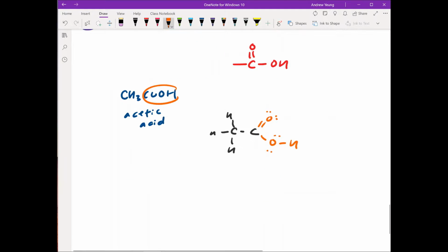Although we gave it the common name acetic acid, this is the carboxylic acid form, branched off a 2-carbon parent. You could also call this ethanoic acid. Both are perfectly fine. Ethanoic acid is more the IUPAC name of this one.